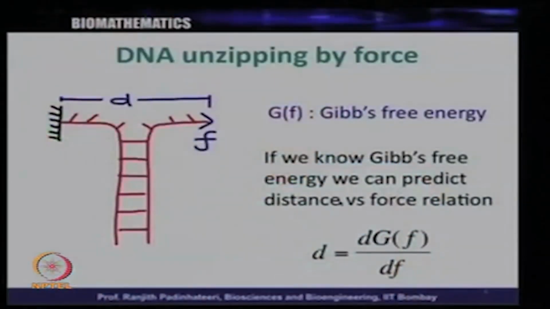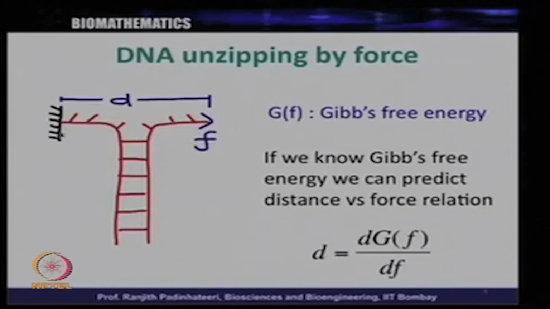So, what you see on the left side is a schematic cartoon-like diagram where you have a DNA. This is a sketch for a DNA, the red one. You have DNA with all these A's, G's, T's, C's, all these base pairs connected here, and the base pairing is broken here. So, this is one strand and this is the other strand, and imagine that one strand of the DNA is connected to a fixed glass plate or something.